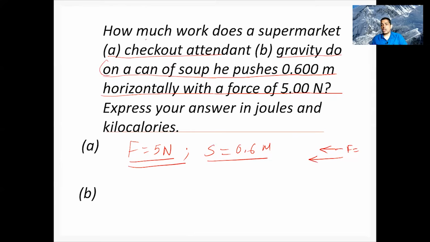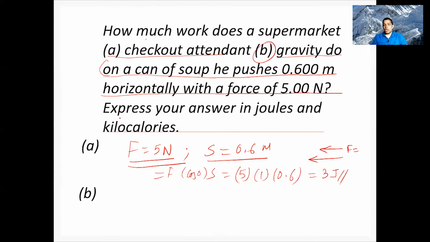They are in the same direction, the angle is 0. The angle between parallel lines is 0, right? So F cosine 0 S is my work done. F is 5, cosine 0 is 1 and S is 0.6. If you do that, you end up getting 3 joule.